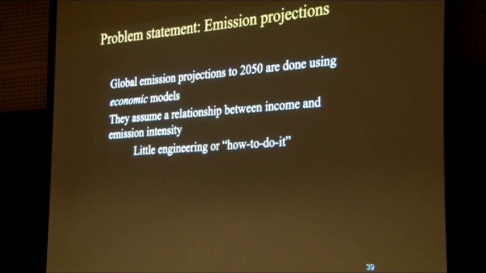So the first thing that we got was a national method for spatial allocation of truck and rail emissions, not just where are the people, but where is the traffic.